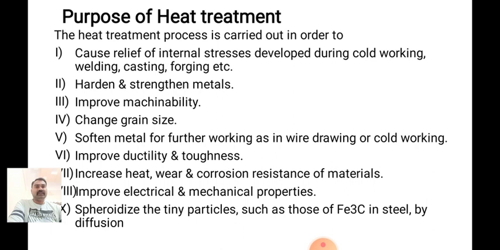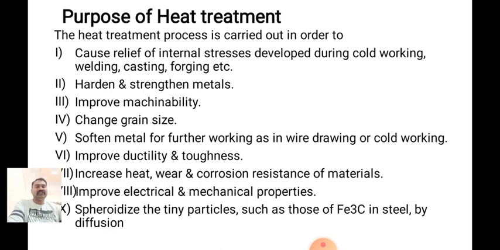That's why by performing the heat treatment process we can serve the objective of increasing the heat resistance, wear resistance and corrosion resistance of the material. Then the next objective, improve the electrical and mechanical properties. The electrical property can be increased by the heat treatment process. That is another objective.